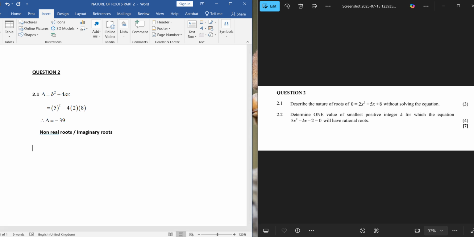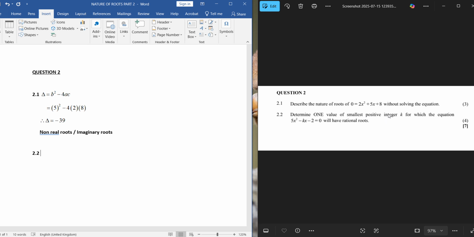That is 2.1. Then 2.2. Mark allocation for 2.1, 3 marks there. Then 2.2 says determine one value of the smallest positive integer. Remember, the word integer means positive and negative whole numbers. But in this case, it is clear. It says positive integer.